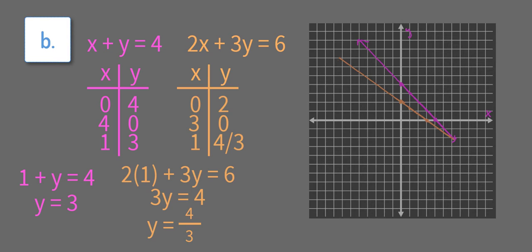And it looks like these two lines are intersecting at the point 6, negative 2. So our solution to this system of equations is 6, negative 2.